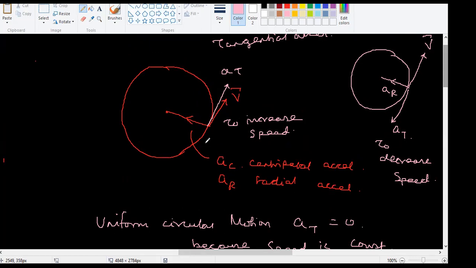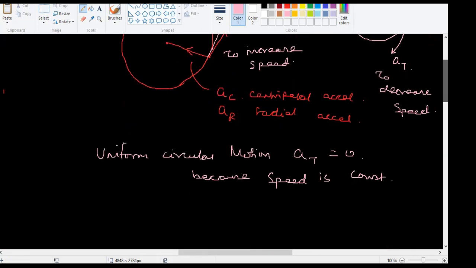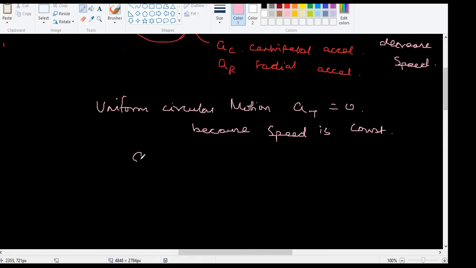If there is a centripetal force, is there a centripetal acceleration or not? It's there, that's all. Why are you folks thinking so much? So that means AR or AC will be there. Without this, you cannot have a circular motion.